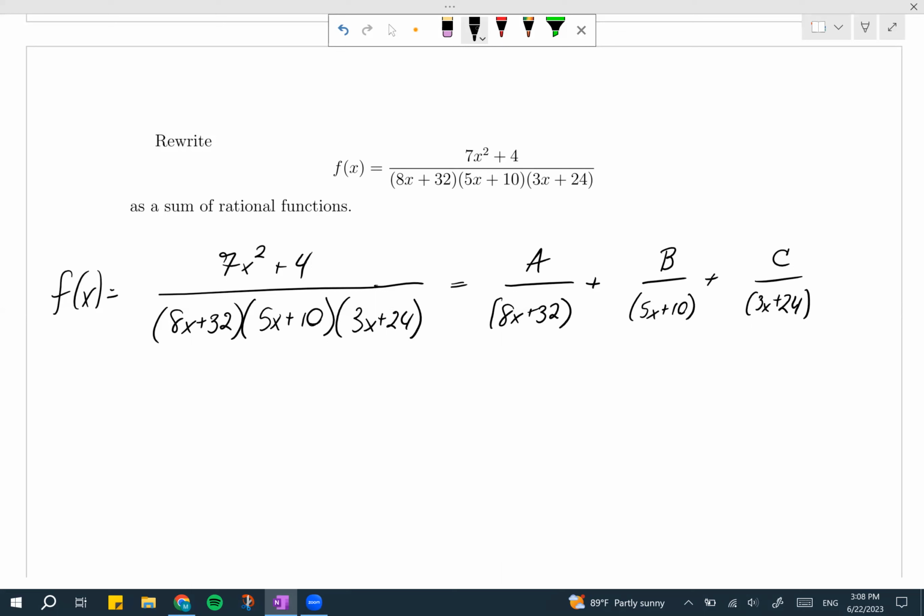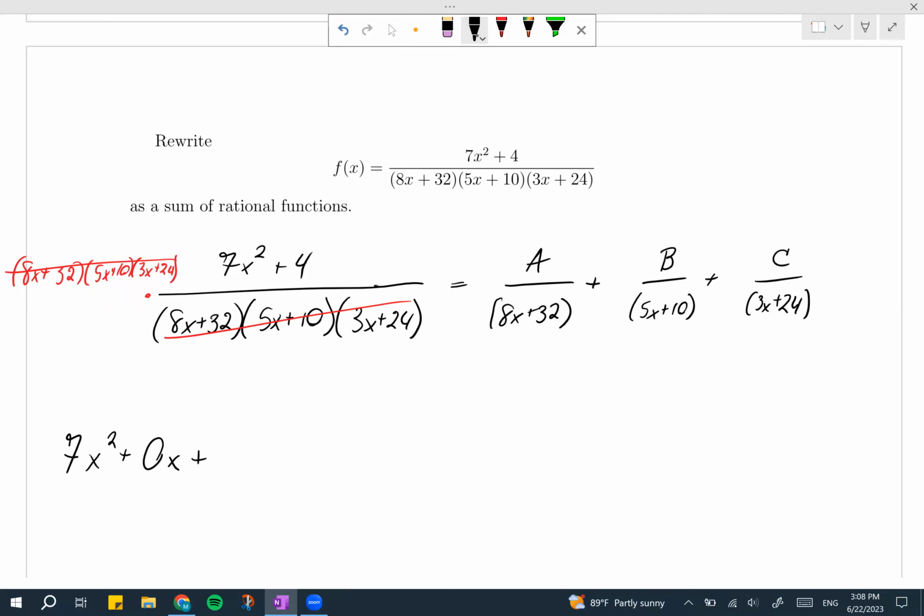All right. So what we're going to do is multiply each side by this denominator, 8x plus 32 times 5x plus 10 times 3x plus 24. So this will cancel with this, and on our left-hand side, we'll be left with 7x squared plus 0x.